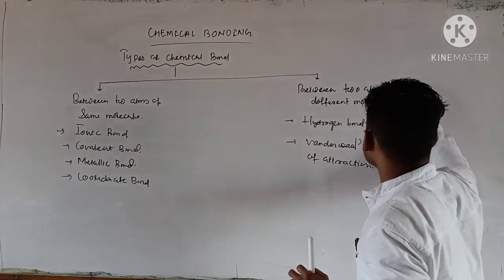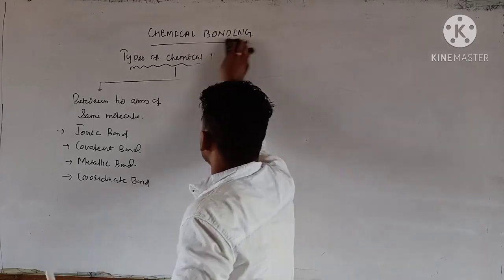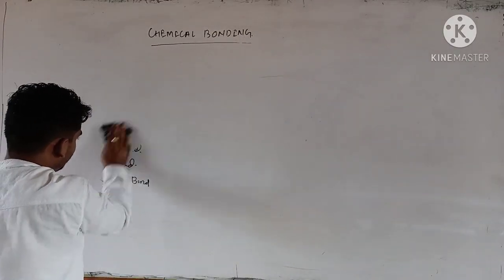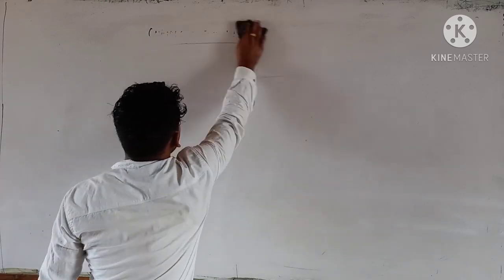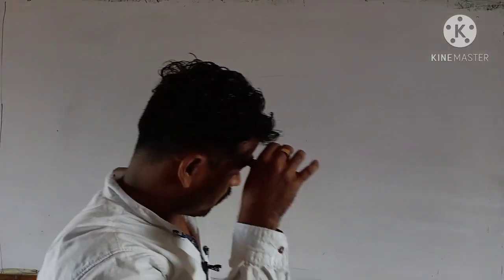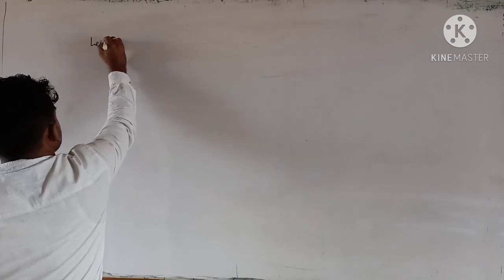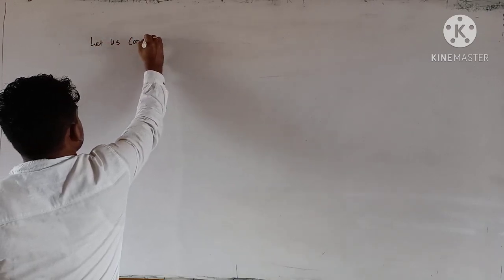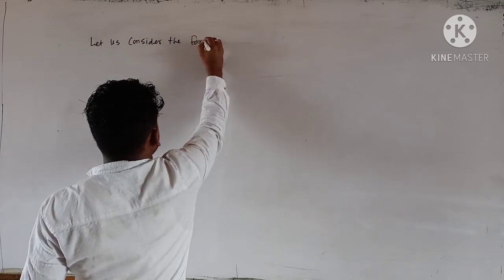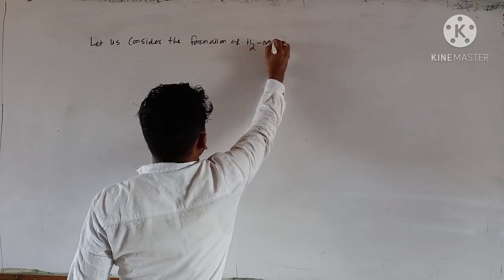Next, we discuss what is the tendency of formation of a chemical bond. Let us discuss through one example. Let us consider the formation of a hydrogen molecule.